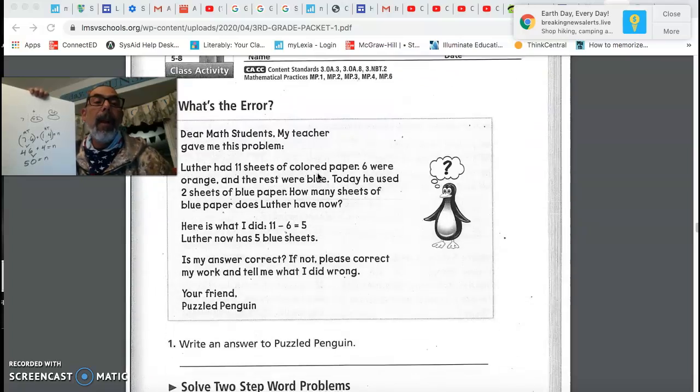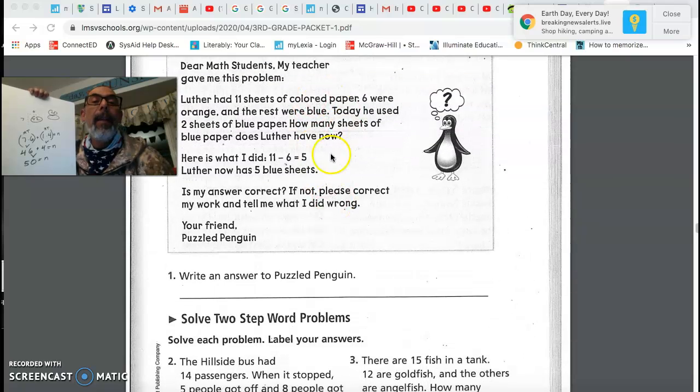So here, this was interesting. This Puzzle Penguin always has the wrong answer. And in this case, you're going to have to see that he did not solve it in a 2-step fashion. We know that there are 11 sheets of paper. 6 of them were orange and the rest were blue.